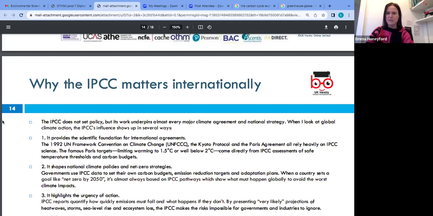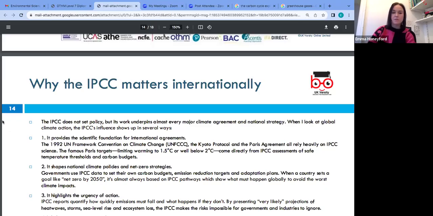I think last year we did reach just over 1.5 degrees for the global temperature. So the IPCC really does advocate that we limit global warming to 1.5 degrees.